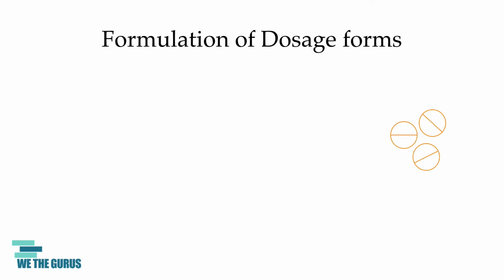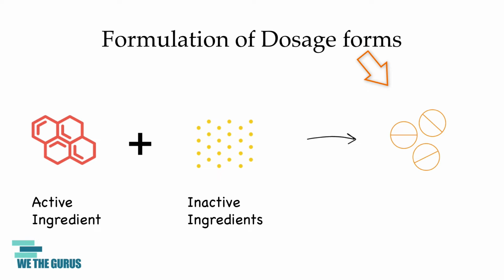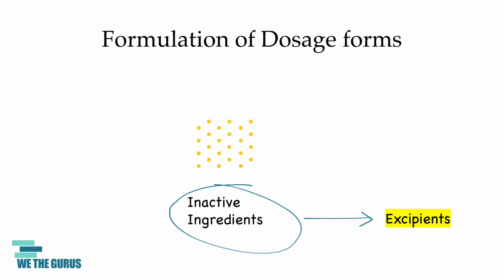Now, coming back to the topic of dosage forms, formulation of a dosage form often involves combining active drugs in specific quantity or strength with inactive ingredients. These inactive ingredients are also called excipients.